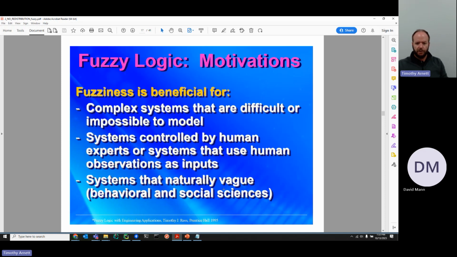And also systems that are naturally vague, like in behavioral and social sciences, where getting precise measurements is extremely difficult or maybe impossible. And it may be the case that being able to account for vagueness in the data is necessary.